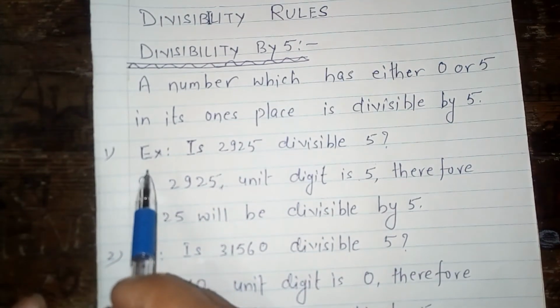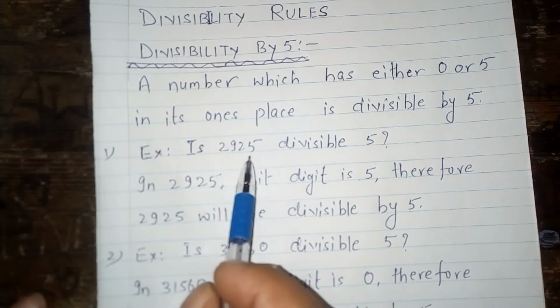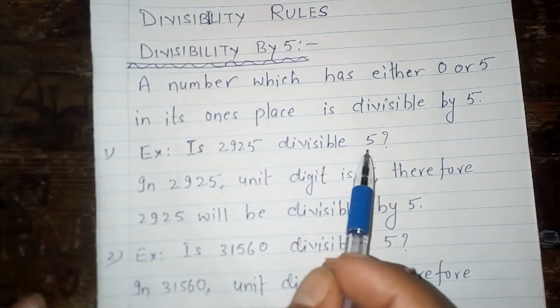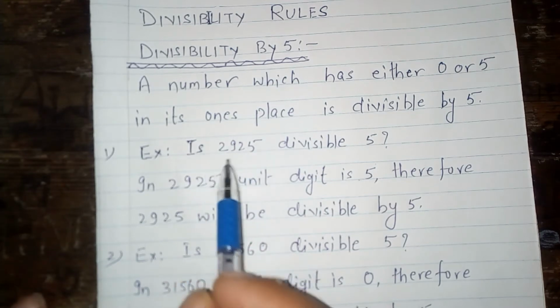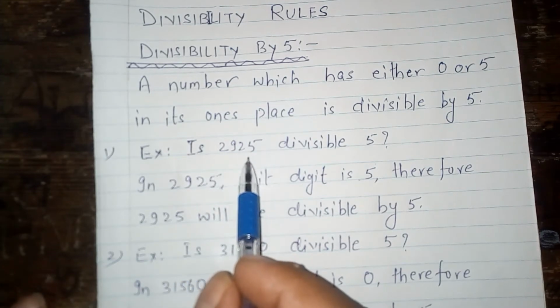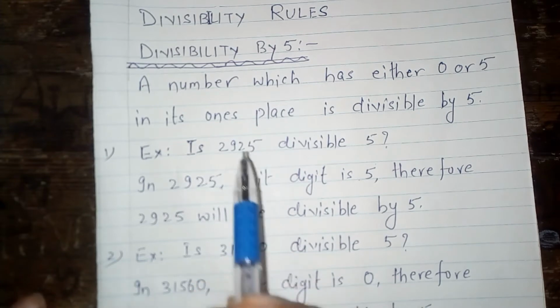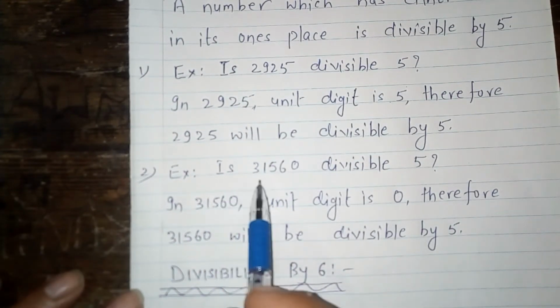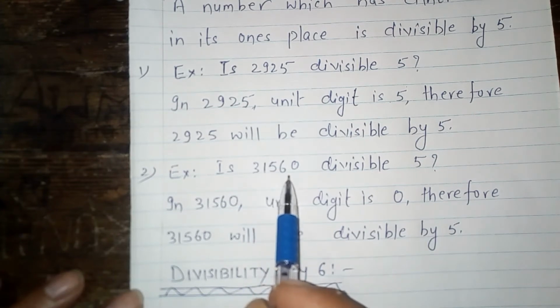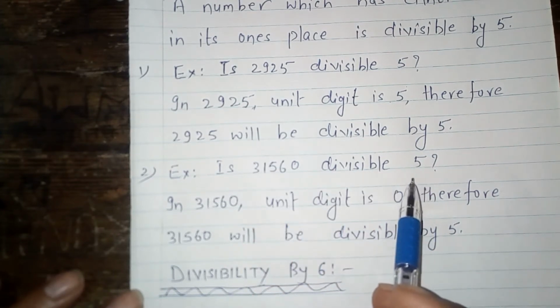Your first example is, is 2925 divisible by 5? As you are looking at this number, the unit digit is 5. Therefore 2925 is divisible by 5. Okay. The next example is, is 31560 divisible by 5?